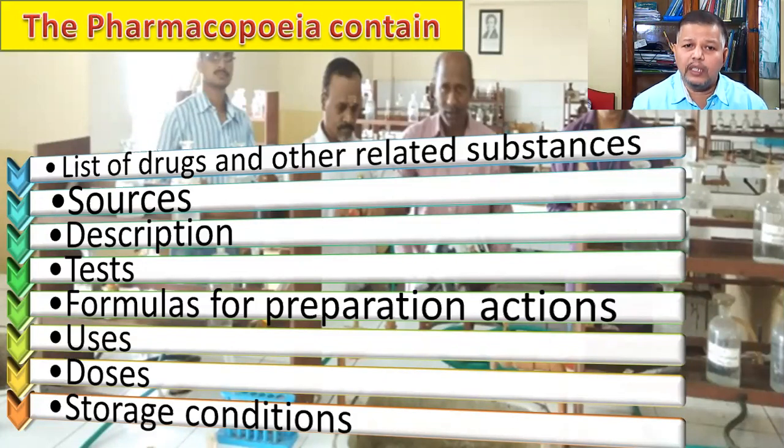It contains the sources, that is, from where we are getting the compound, the raw material, then descriptions of these tests, then formulas and preparation procedures, uses, doses, storage conditions, and everything about the product, the intermediate compound, the raw material, and the tests given as quality standards.